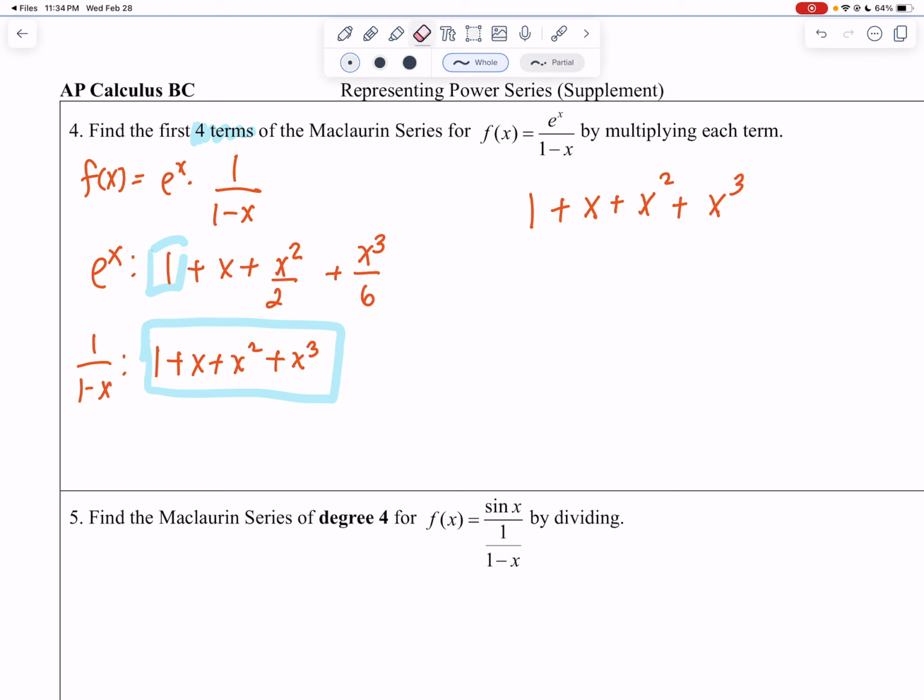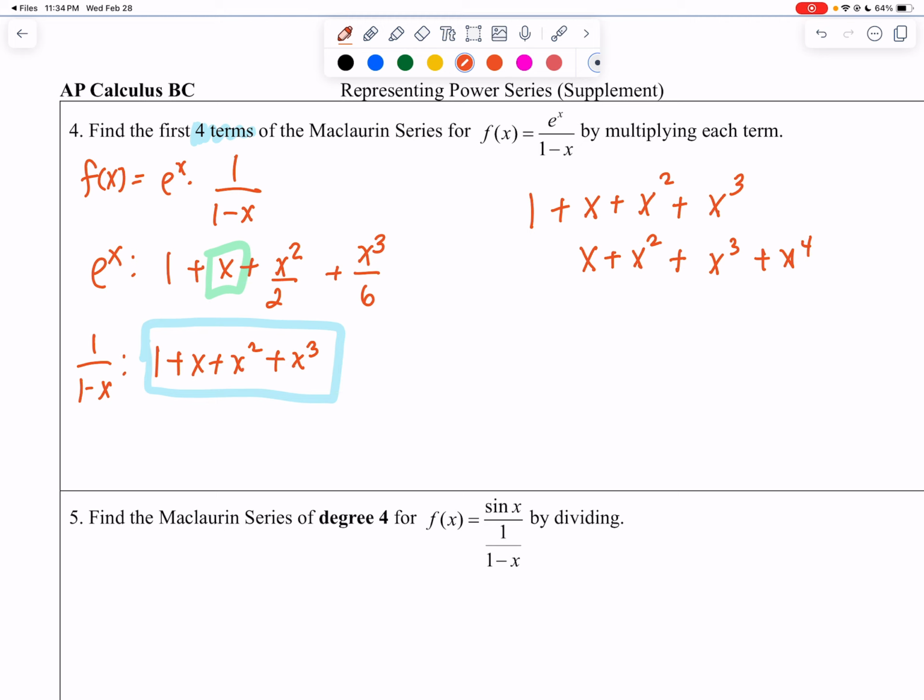Okay. Now, if I were to do, let's say, 1 plus x plus x squared plus x to the third times x, I'm going to get x plus x squared plus x to the third plus x to the fourth.